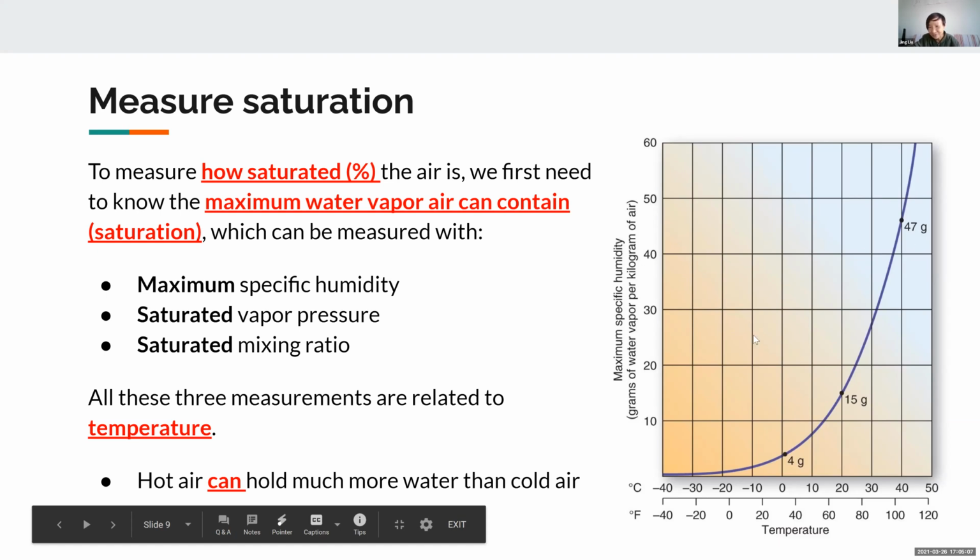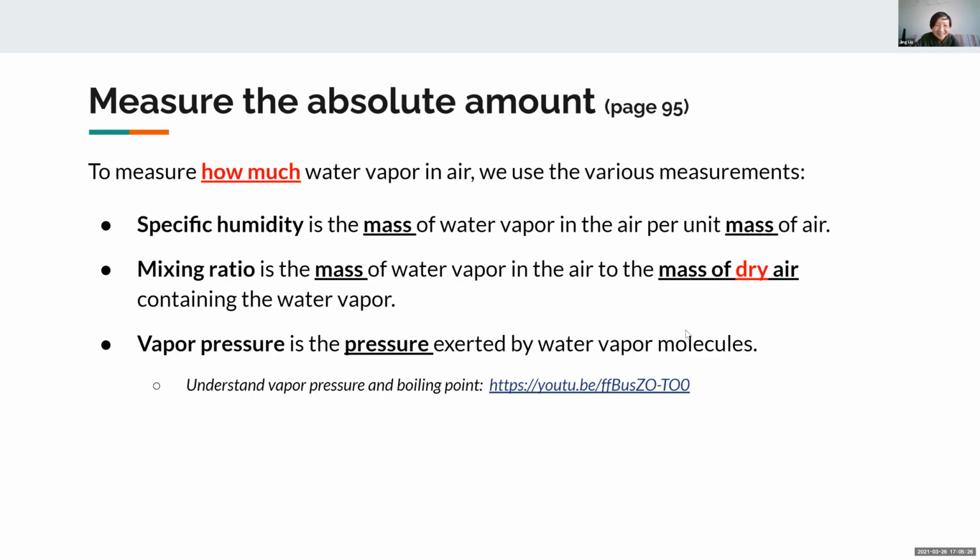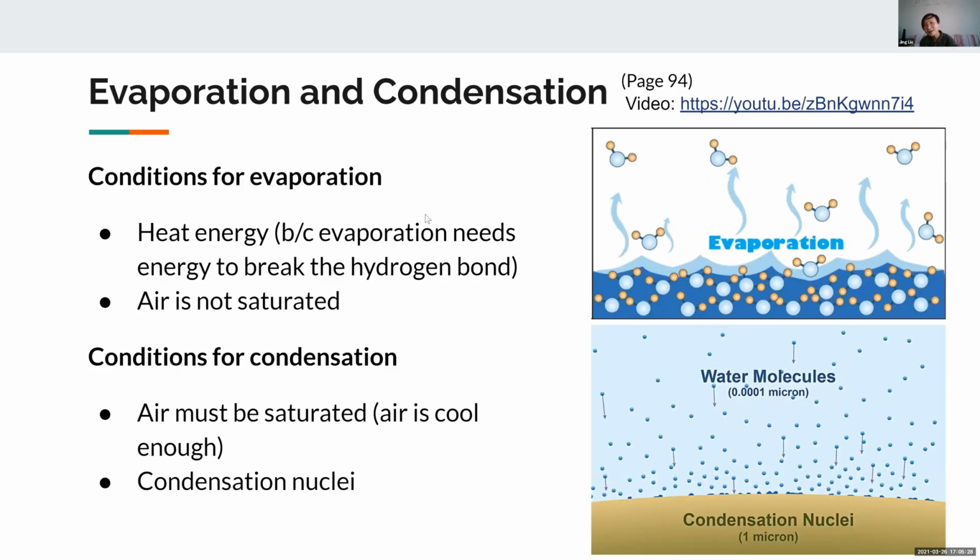That is your capacity. But as the temperature goes higher, your capacity becomes bigger and bigger. And the same actual amount of water moisture cannot make warmer air full at all, right?